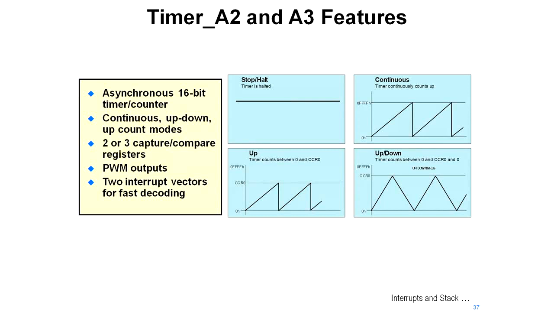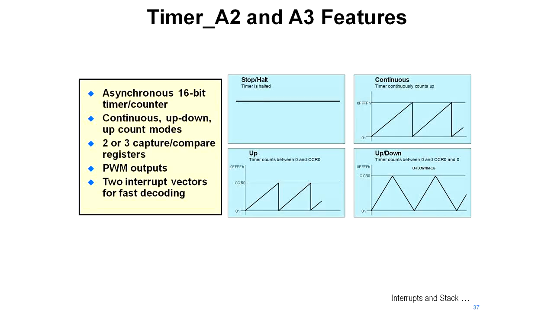Some of the features available on the Timer A2 and Timer A3: they are an asynchronous 16-bit timer counter. They offer a series of different modes. Continuous, where the timer continuously counts up to FFFF and then rolls over to 0. In most cases like that, it'll generate an interrupt at the rollover.